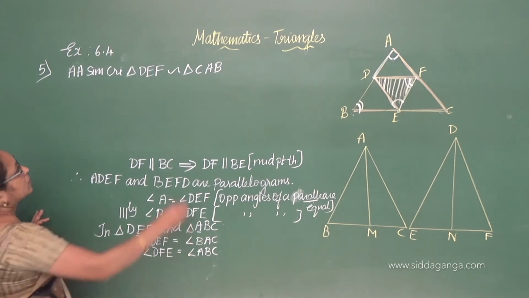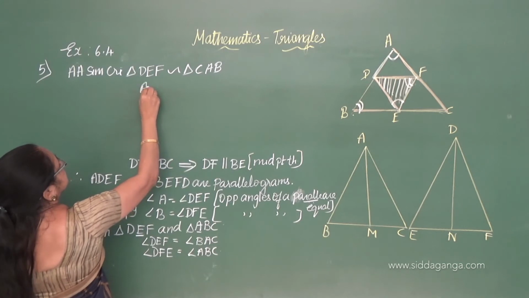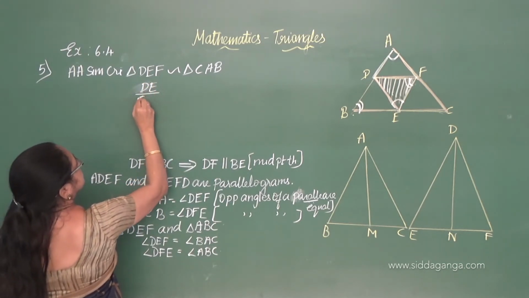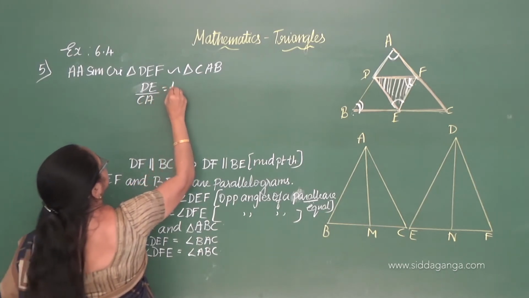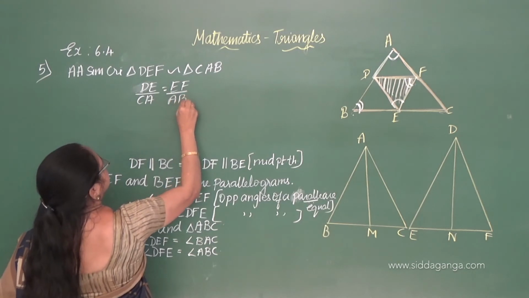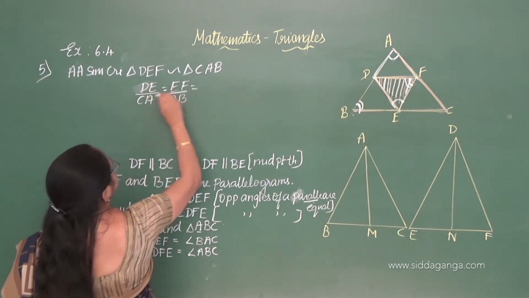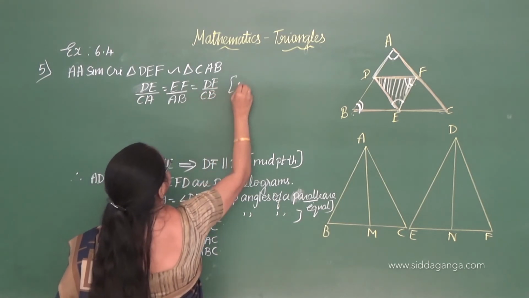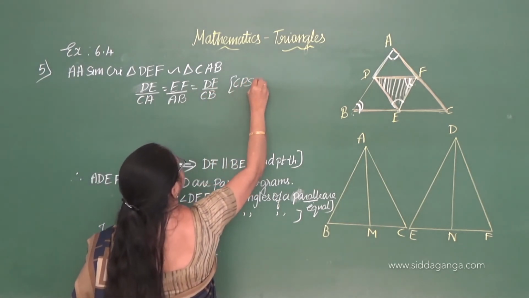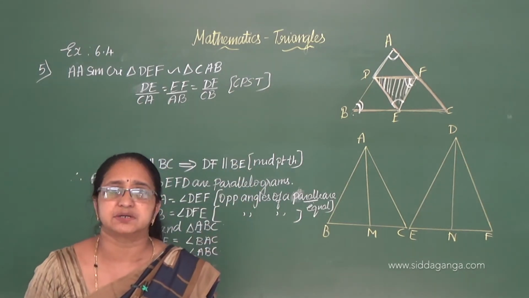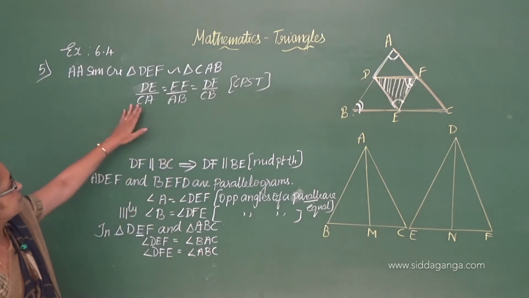Now, by this, DE by CA is equal to EF by AB is equal to DF by CB. This is CPST, corresponding parts of similar triangles. You all know corresponding sides are proportional. So I have written this.